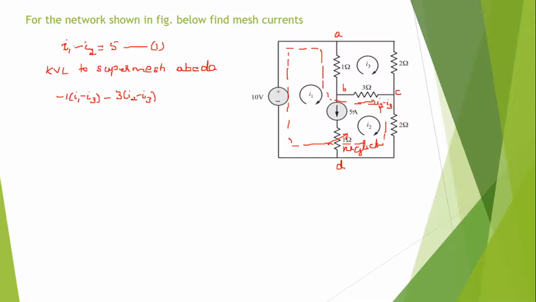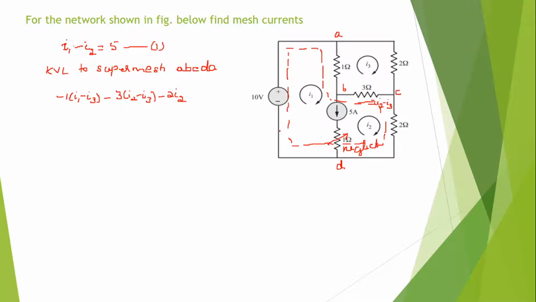Then this 2 ohms: only one current flows through this branch, that is I2, and the direction of current is the same as the path direction C to D. So once again, minus 2 I2.